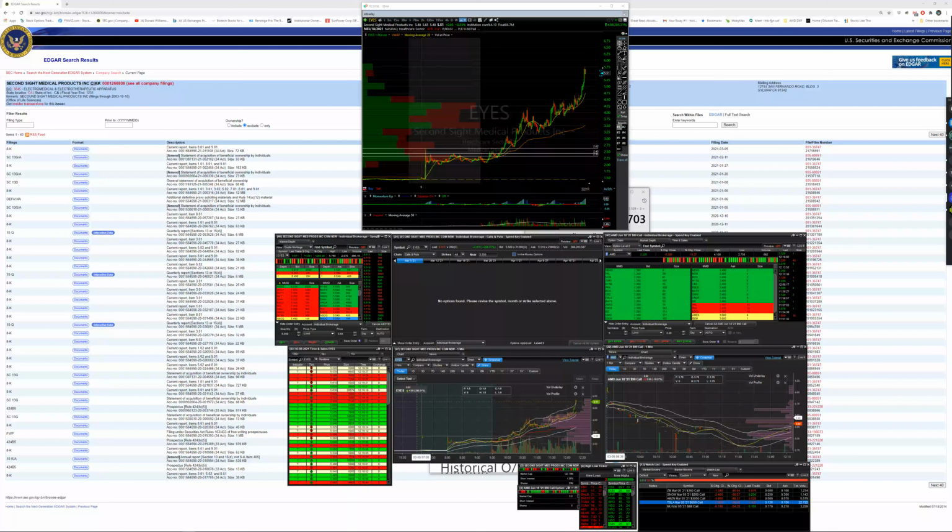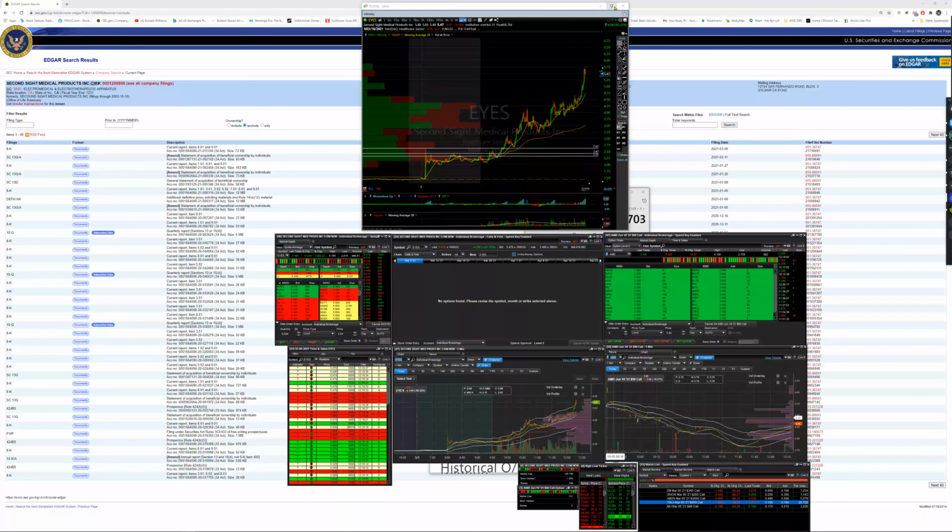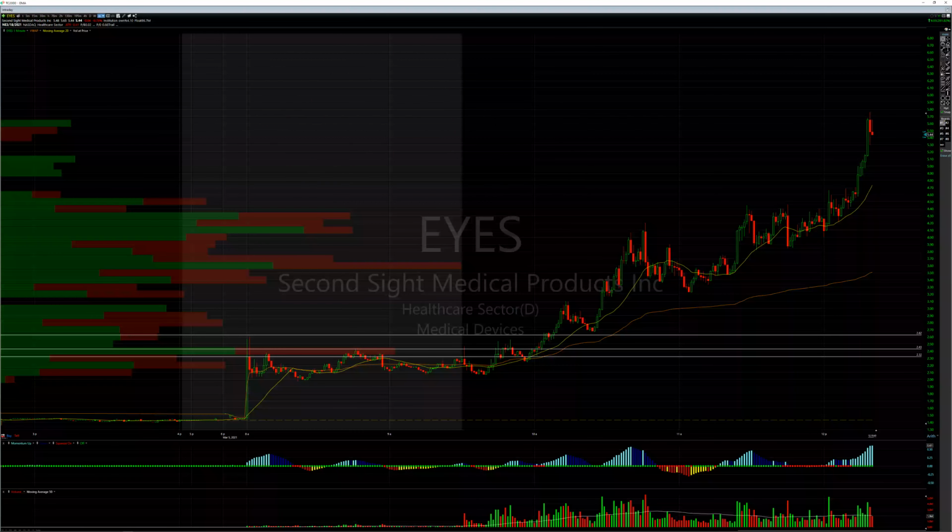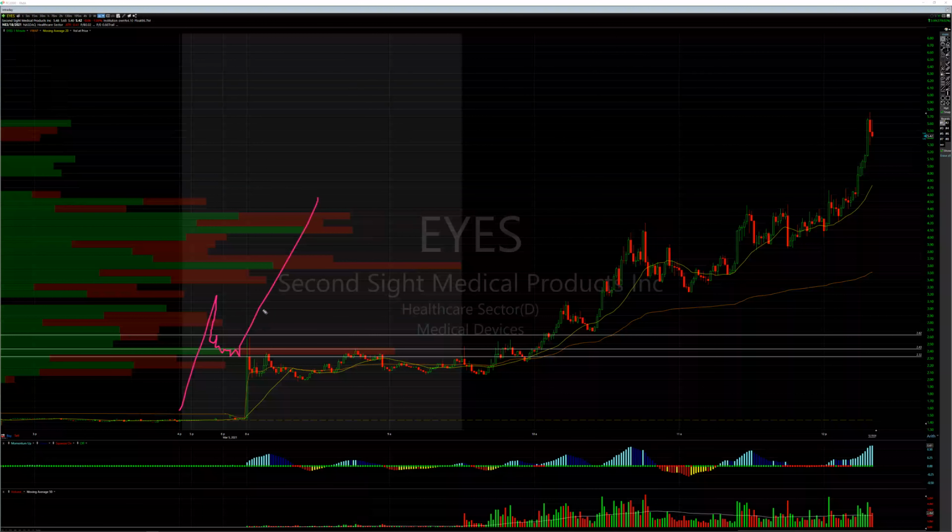What happens a lot is that a lot of people can't trade before 4 a.m. Some can. So you'll see a little spike, and then a little sell off, and then 4 a.m. hits and it pops again because everybody can buy now.